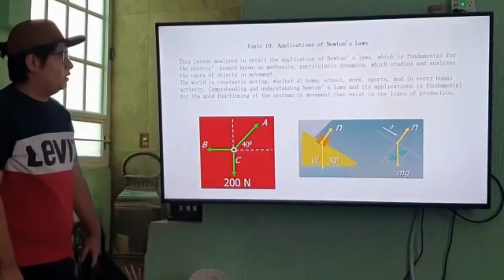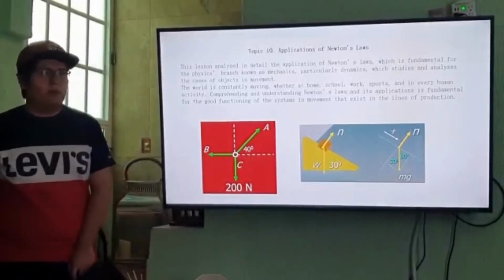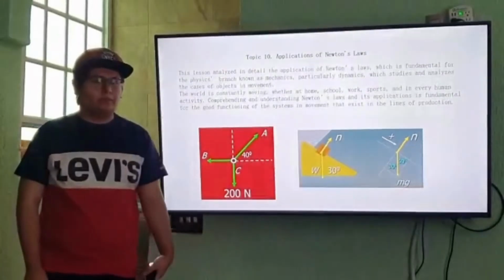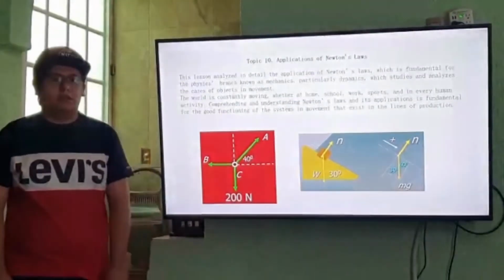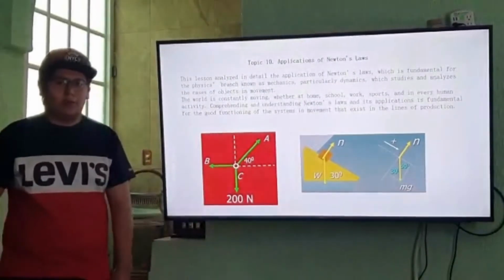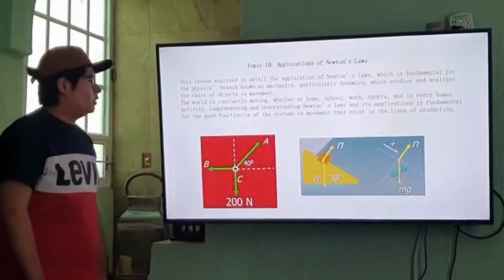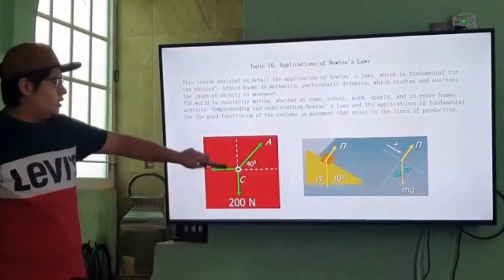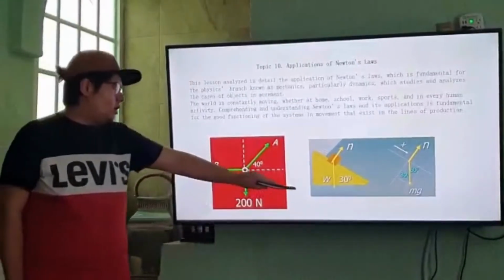Topic 10 talks about the application of Newton's laws. In this topic we apply all the knowledge that we have been gathering over the last, I think, 3 topics, and we need to apply the friction that is happening and the weight of the object.